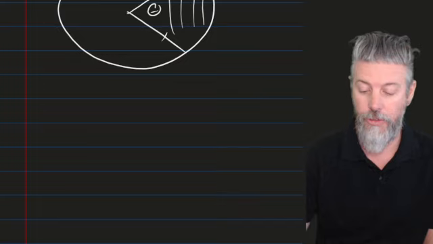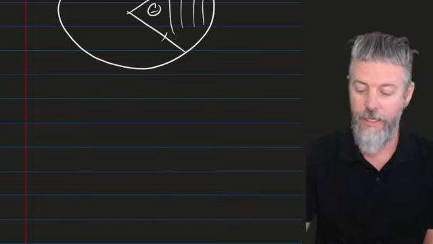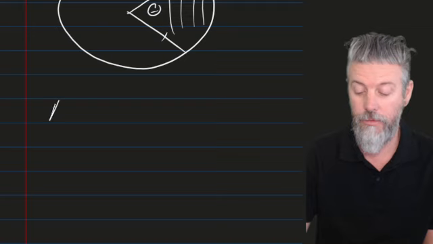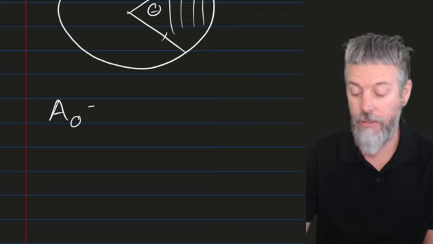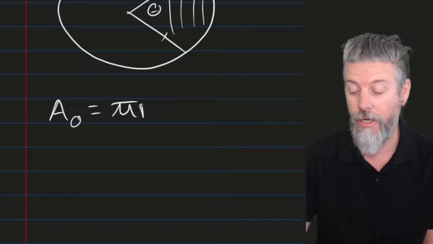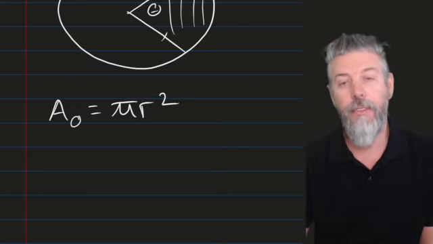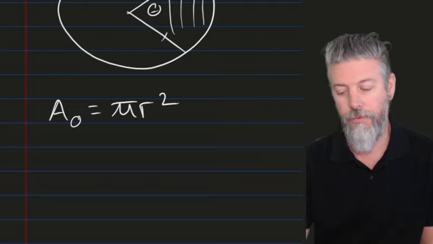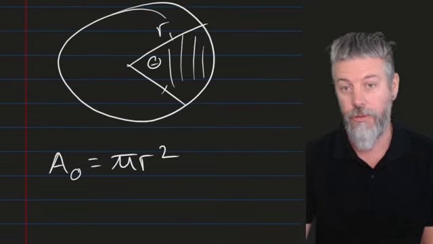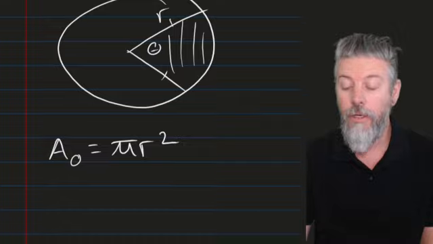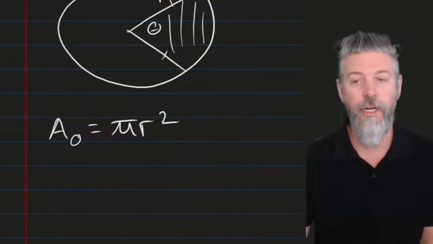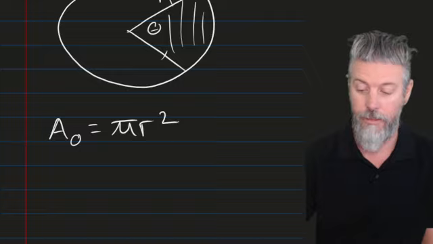So how big is the circle? Well, we've always known that the whole circle, the area of the entire circle, equals pi r squared. And the fraction that we have in this circle that is lit up in the sector is found the same way as finding the fraction of any sector in the past.